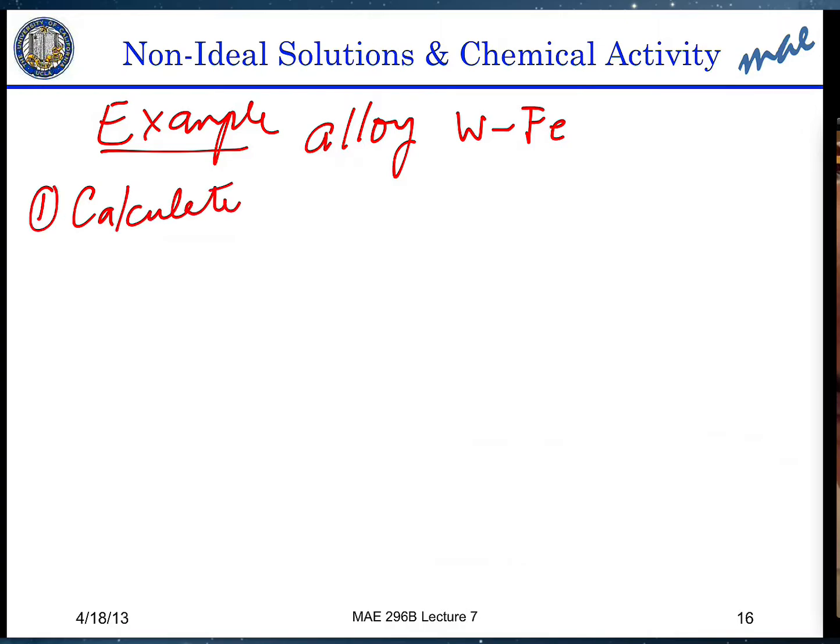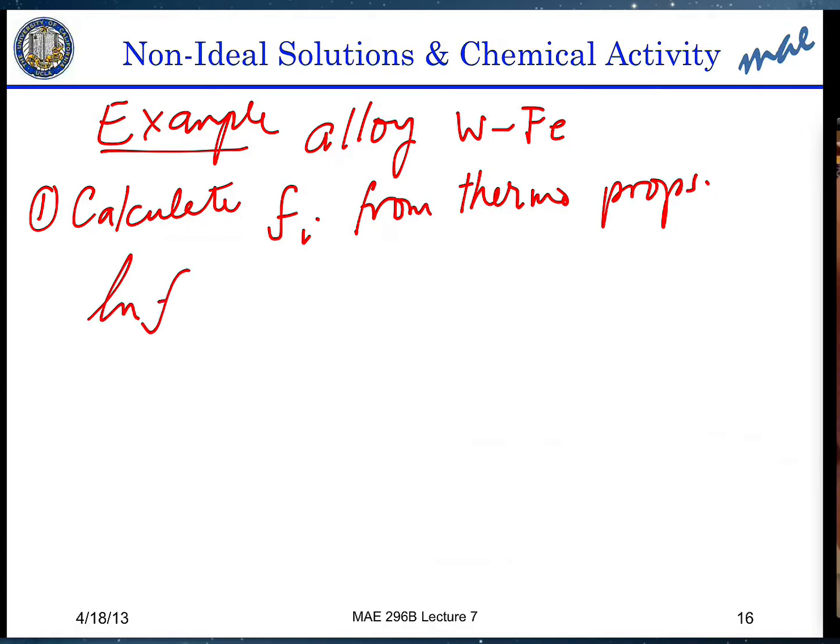The objective is essentially to find the equilibrium between these two in the liquid state and the solid state. The first step is to calculate the fugacity f_i from the thermal properties.